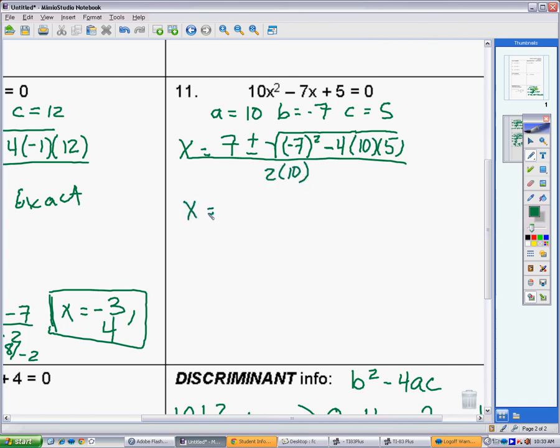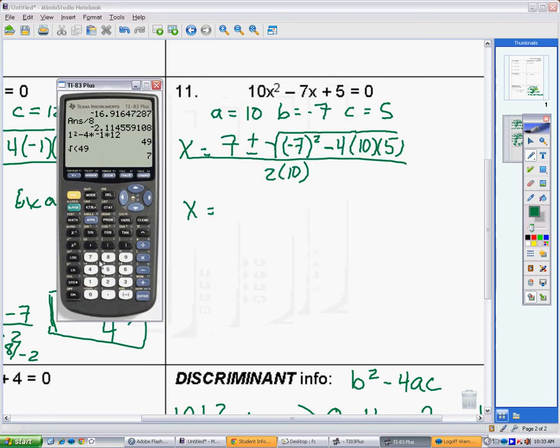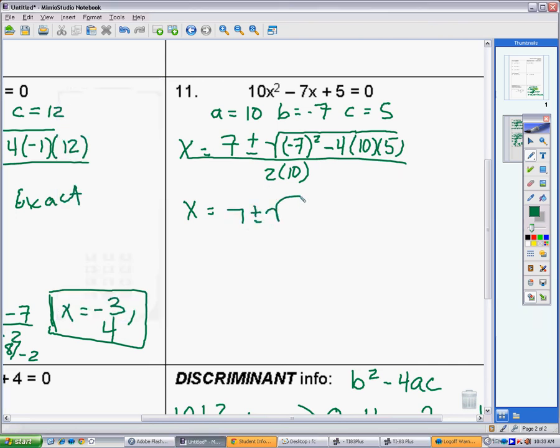So I'm going to perform the discriminant. And I'm going to have parentheses negative 7 squared minus 4 times 10 times 5, and I see that it's negative. So I get 7 plus or minus the square root of negative 151 over 20.